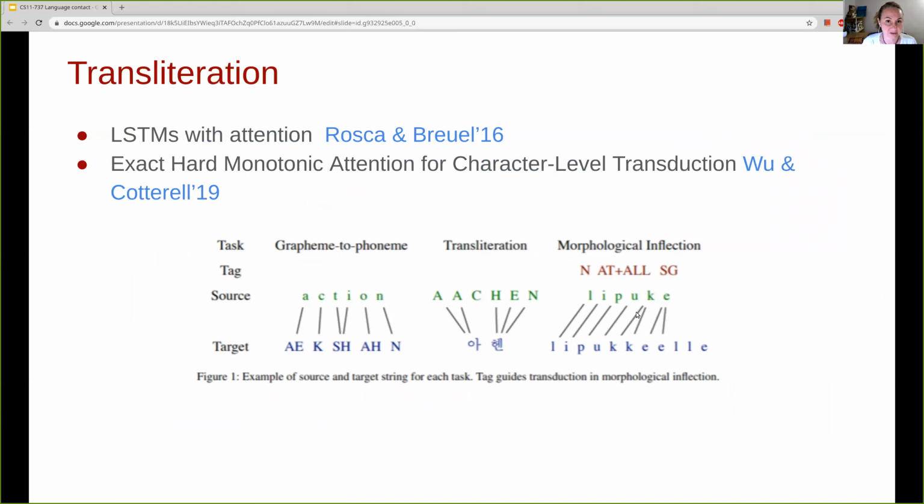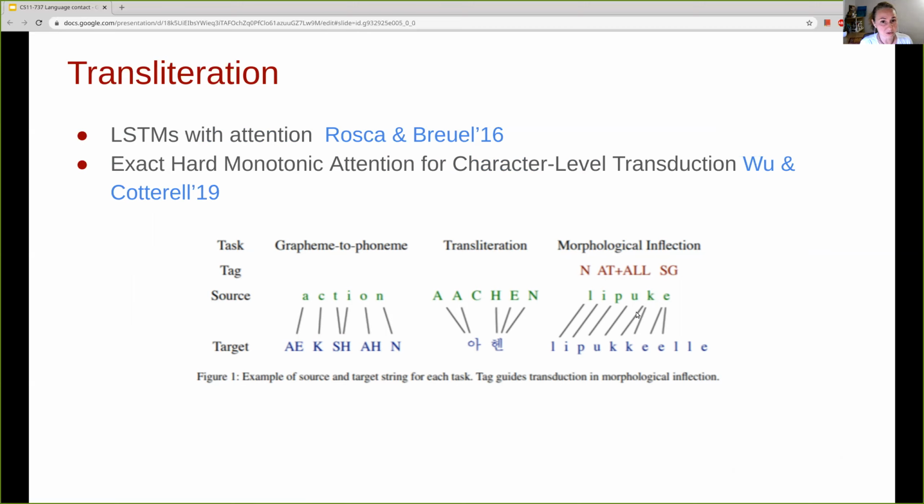More recently, neural network-based models for transliteration emerged, and naturally they started from simple sequence-to-sequence models like LSTMs with attention, and then evolved to LSTMs or transformers that also focused on modeling insertions and deletions between the letters of the two languages.